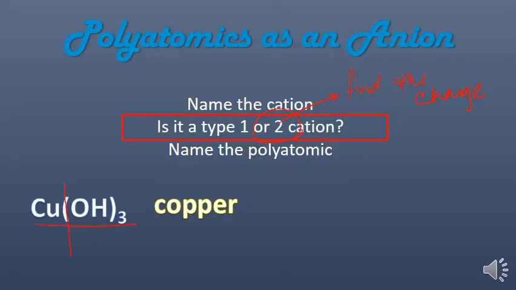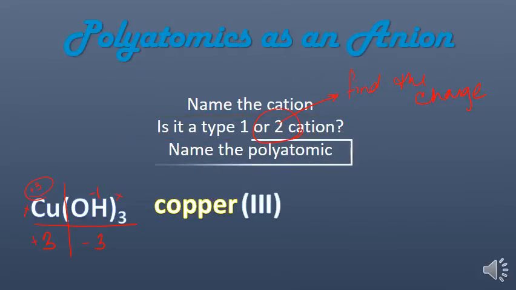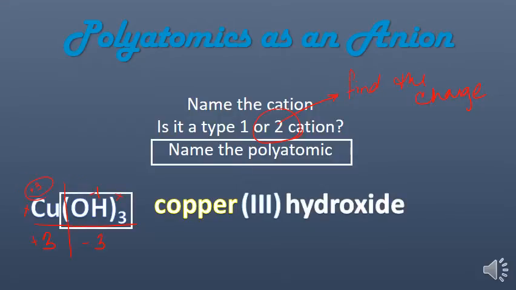The charge on the hydroxide is always -1. -1 times 3 is -3. So this half of the molecule has to be +3. So what number times +3? Oh yeah, you're already there, aren't you? It's +3. So it's copper 3. Now all you have to do is name the polyatomic. There's nothing to change. You just spit it out there. So that polyatomic is hydroxide. We're done with this.